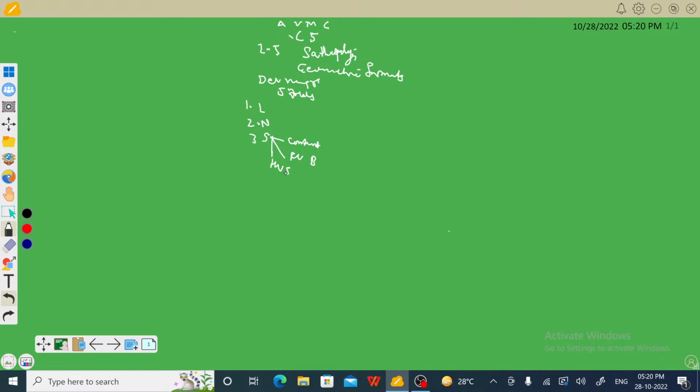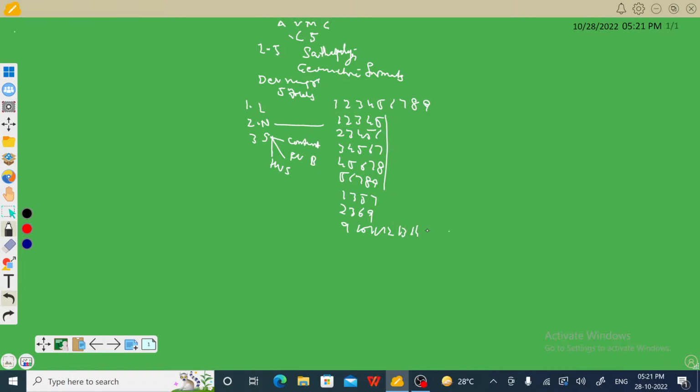The numbers alphabet comes to be of the form 1, 2, 3, 4, 5, 6, 7, 8, and 9 for vowels. 1, 2, 3, 4, 5, 2, 3, 4, 5, 6, 3, 4, 5, 6, 7, 4, 5, 6, 7, 8, 5, 6, 7, 8, 9 for 5 cross 5 varga consonants. 1, 3, 5, 7 for Antastha, 2, 3, 6, 9 for Ushmana, 9, 10, 11, 12, 13, 14, 15, 16 for the Yama letters.